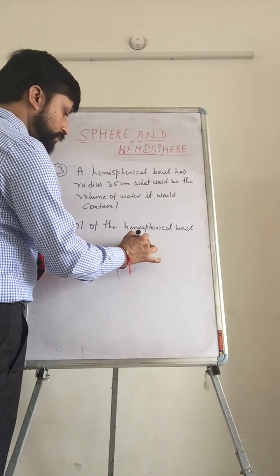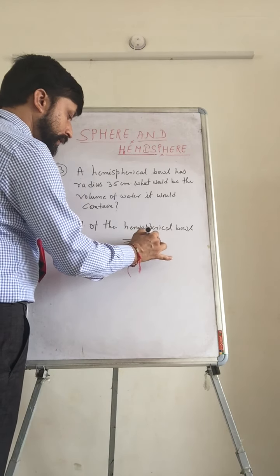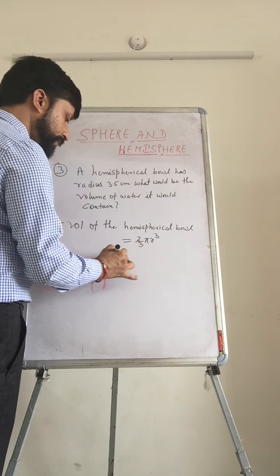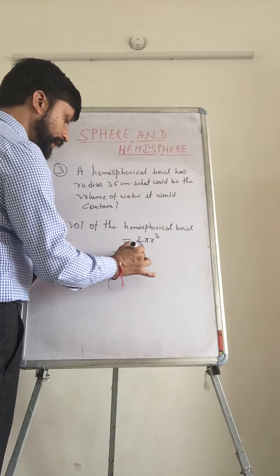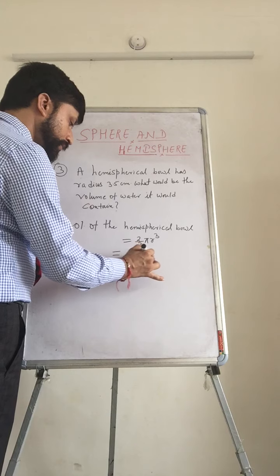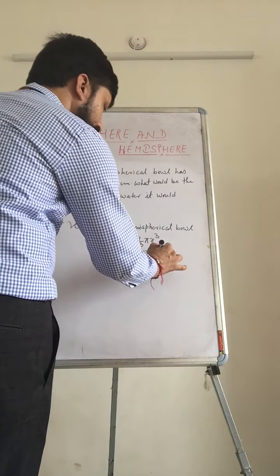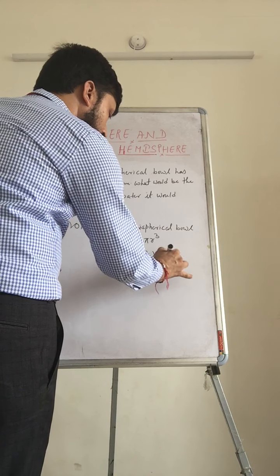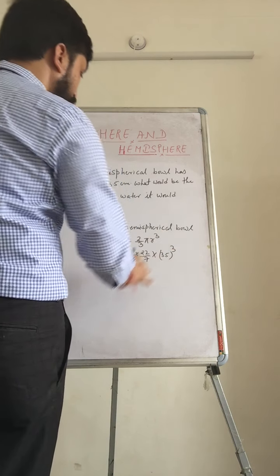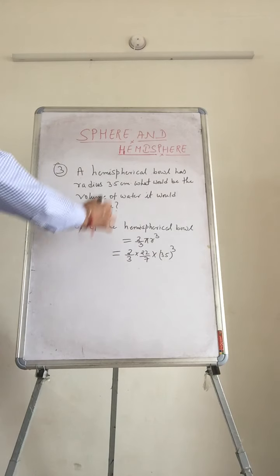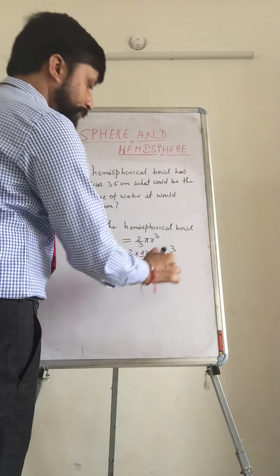Volume equals 2 by 3 pi r cube. Now we know the value of pi, which is 22 by 7, and r value means 3.5 whole cube. And the unit we will get here is centimeter cube because radius is given in centimeter.